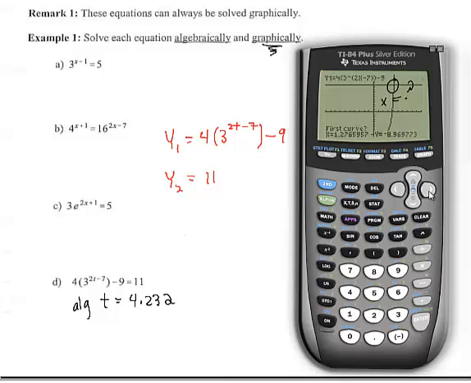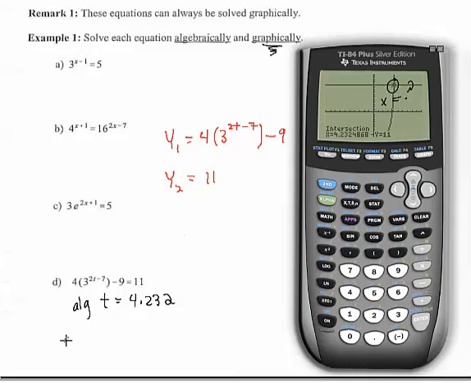Verify that the cursor is on our first line, enter, and then it jumps to the second one, the horizontal one, enter, and enter a third time, and our calculator tells us that our solution x equals 4.232, which is exactly what we got doing it the algebraic way.